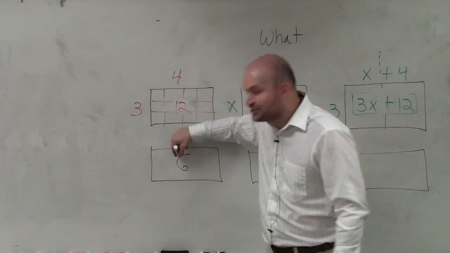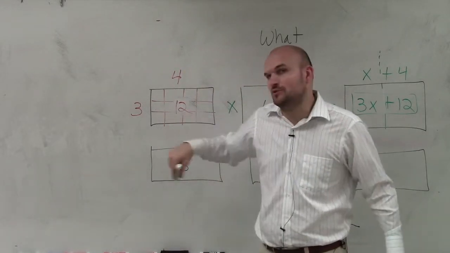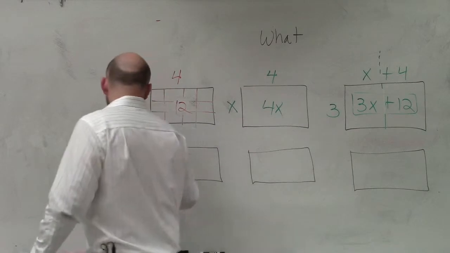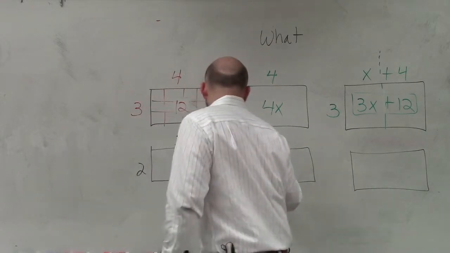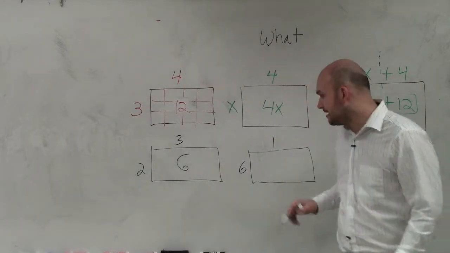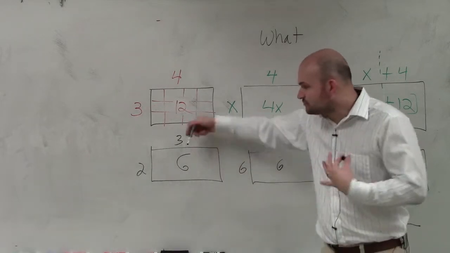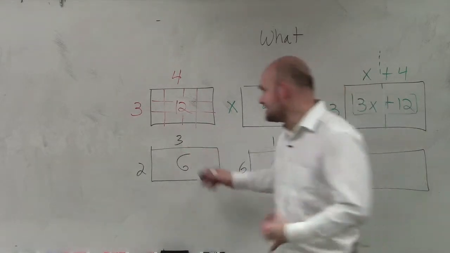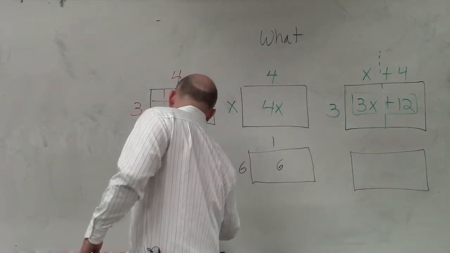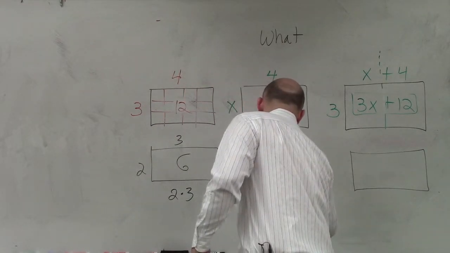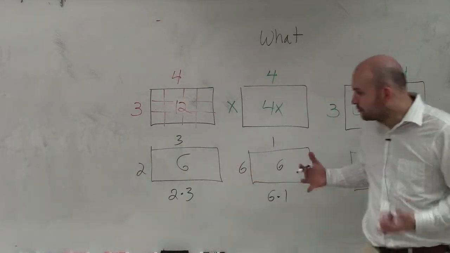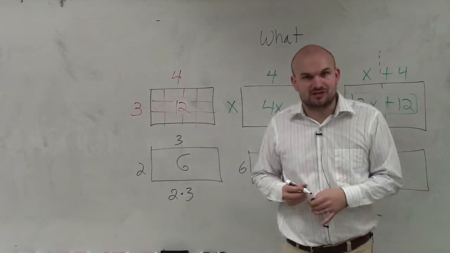Right now, my expression is 6. But what 2 numbers multiply to give you 6? Well, your 2 answers could be 2 times 3 or 6 times 1, right? So if I want to rewrite the expression 6 as a product, I could rewrite it as 2 times 3, or 6 times 1. Both of those are ways for me to factor the expression 6.